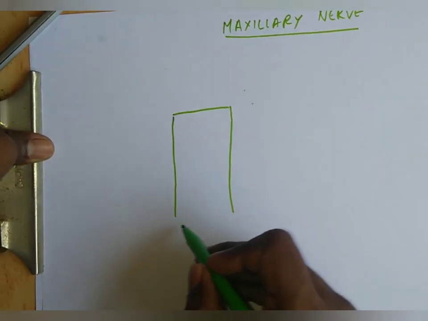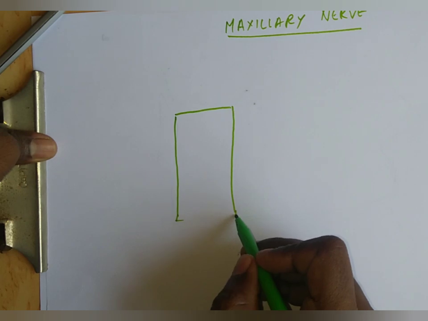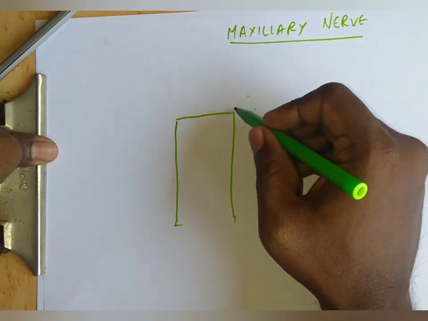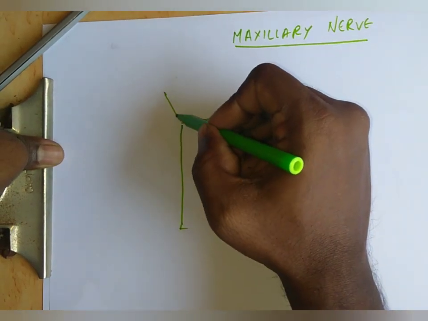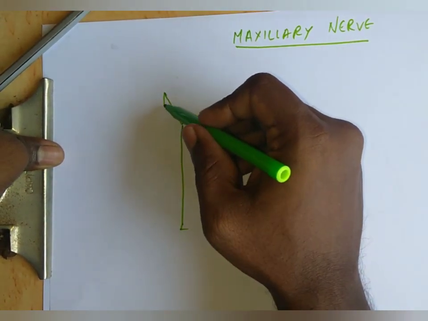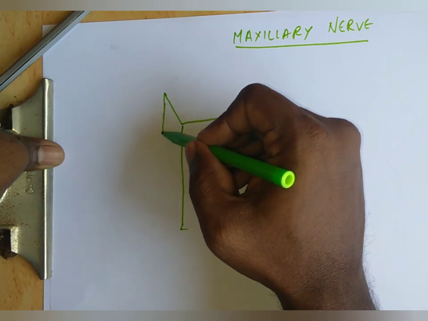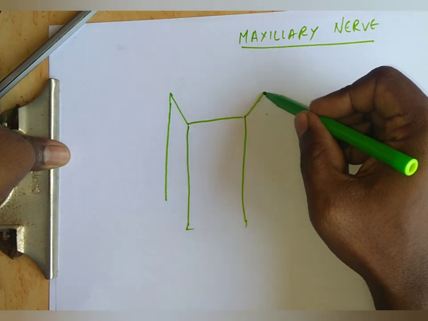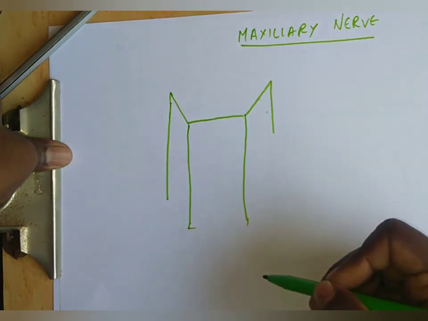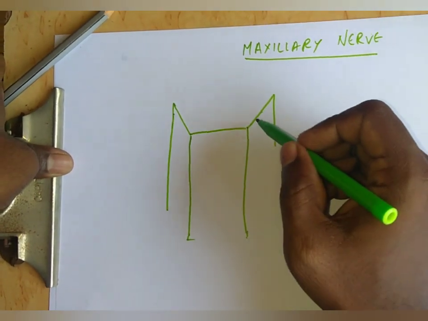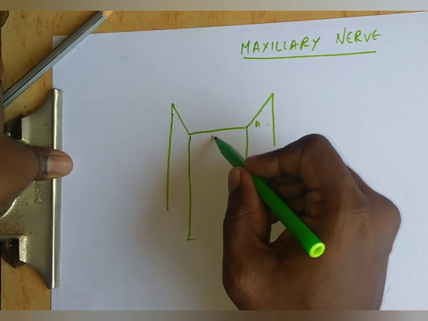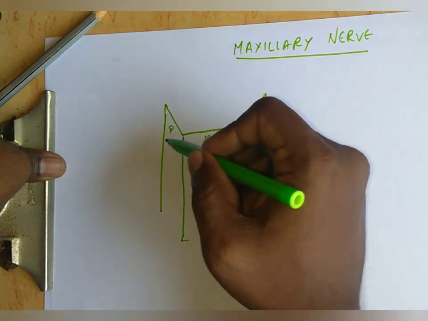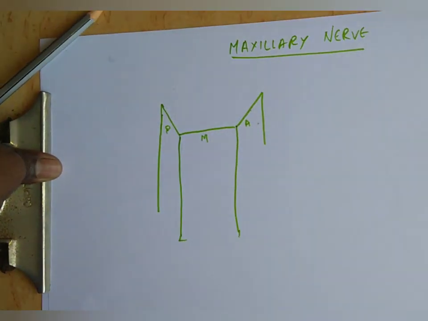What I am drawing is the medial wall of the pterygopalatine fossa, followed by the posterior wall, and this should be the anterior wall of the pterygopalatine fossa.